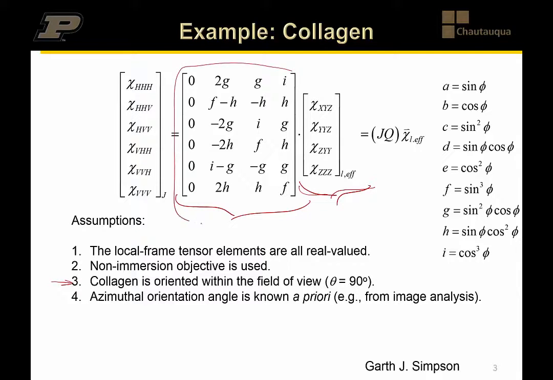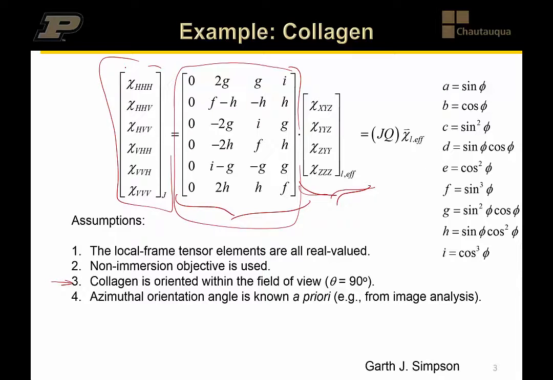We went through this previously, so I'll be brief on where it came from. It describes the connection between the local frame nonlinear optical response for a uniaxial assembly oriented within the field of view, so there's only the phi rotation angle, and the laboratory frame observables, expressed as this vectorized form of the Jones tensor.